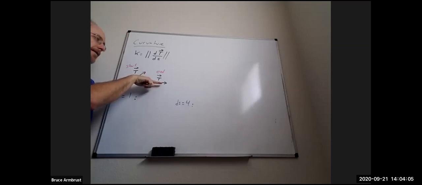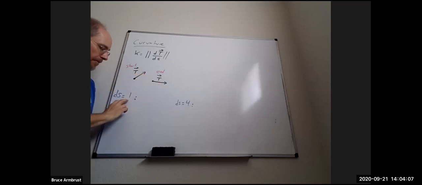So what this is saying is that we need to get from a tangent vector that's pointing in this 45-degree or pi over 4 direction to one that's pointing straight right through the process of going over a curve that's length 1. The other one is we're going to do that over a curve that's length 4.